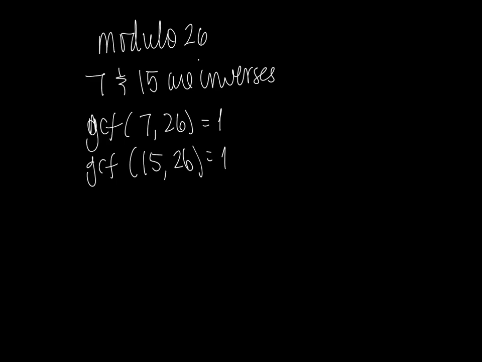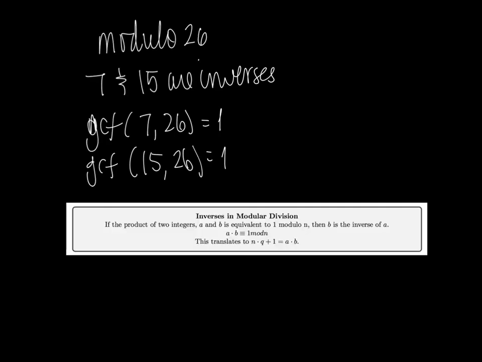This is important because when we look at the definition for how to determine if a number has an inverse with regards to the modulo of another number, we need to first see where we have relatively prime numbers. What we know is that this happens if the product of two integers, we're going to call them a and b, is equivalent to 1 modulo n.